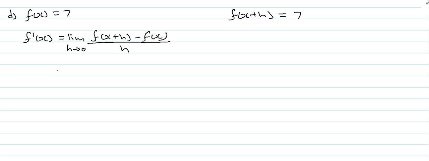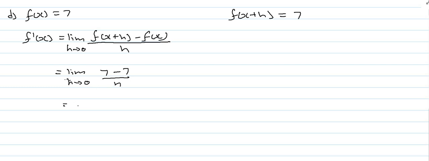So let's substitute. This becomes the limit as h approaches 0, f of x, since there was no x, it was only 7, we'll say 7, minus f of x, which is 7, all divided by h.